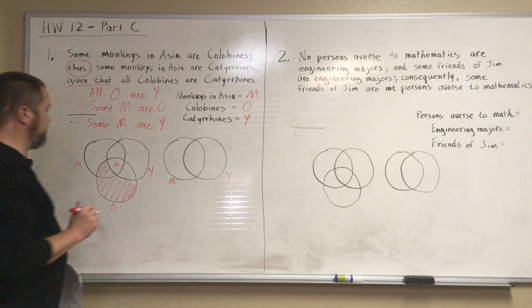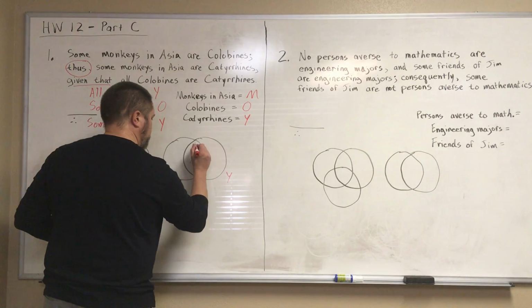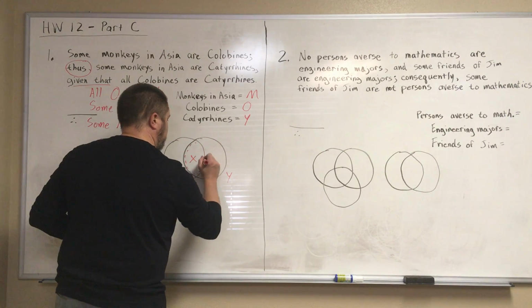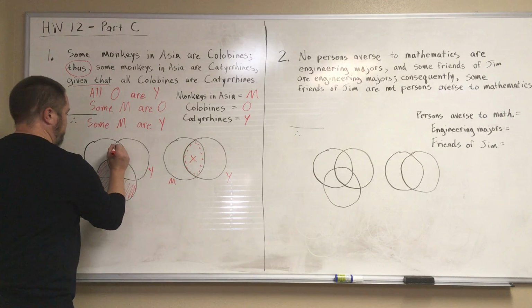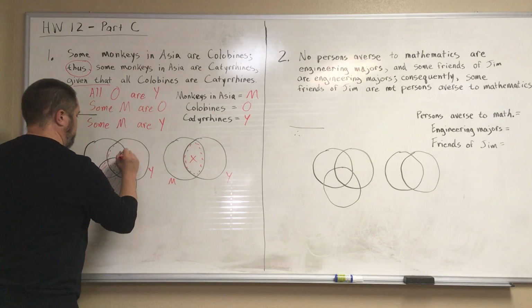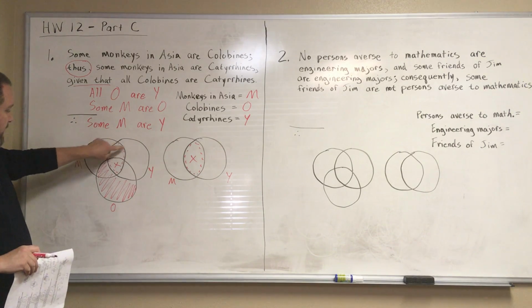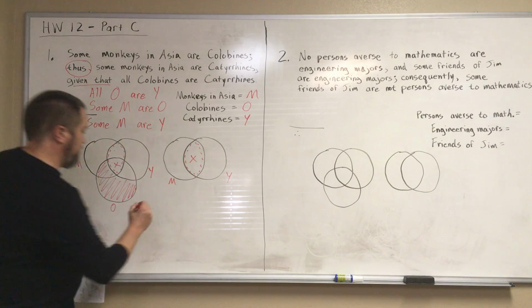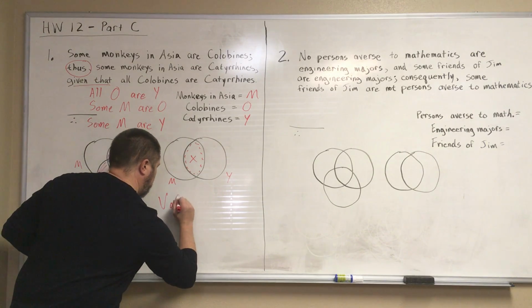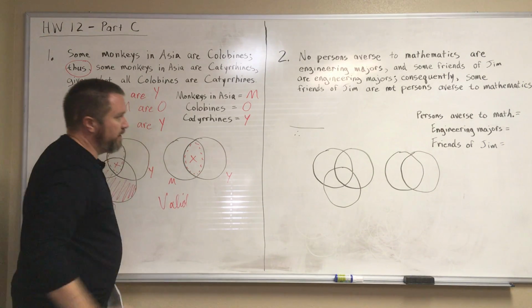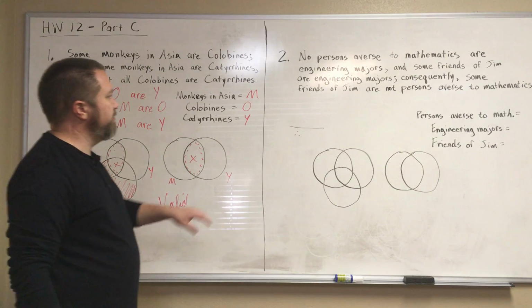Then the conclusion is some M are Y, so we're looking for an X anywhere in that football-shaped area. It doesn't matter if it's up here or down here, we do have an X in that area. So that one is valid.